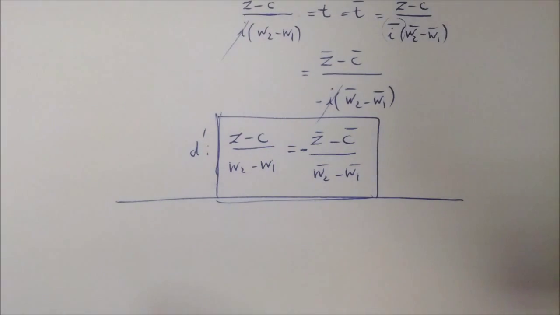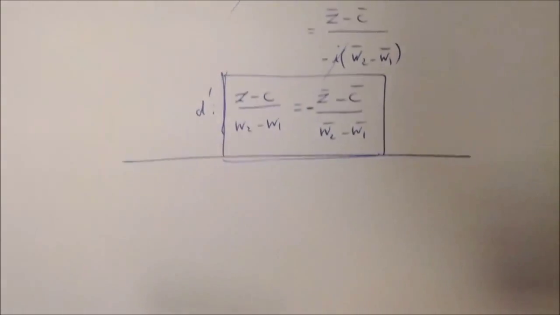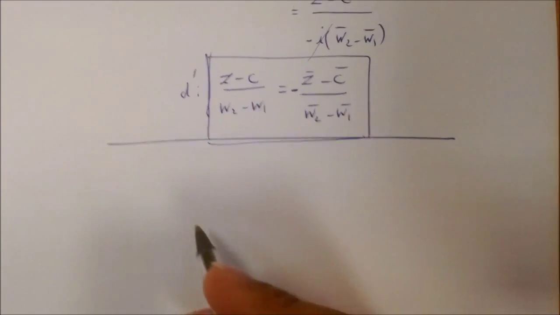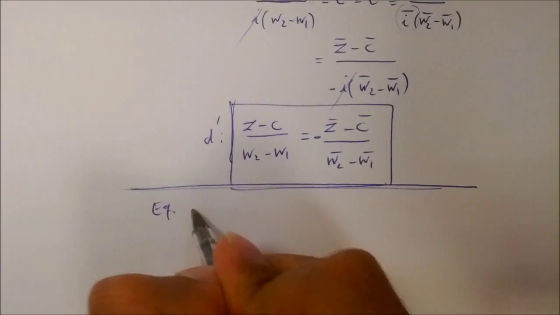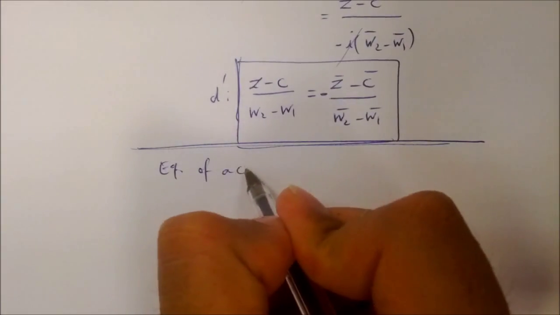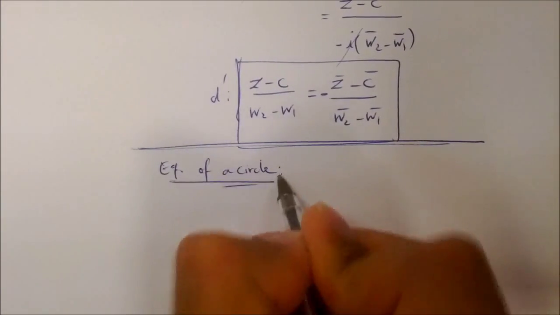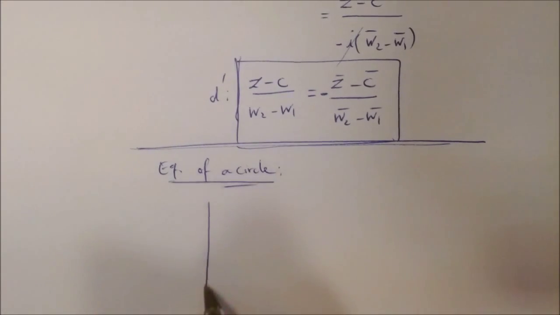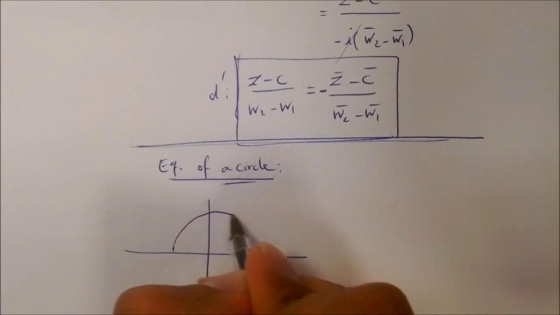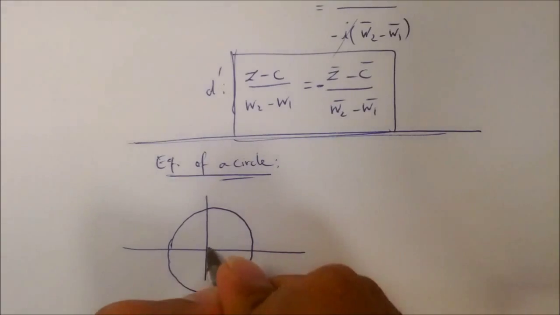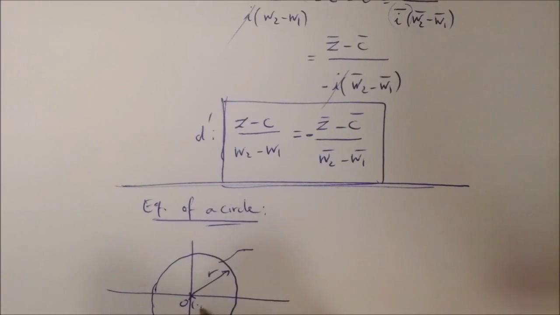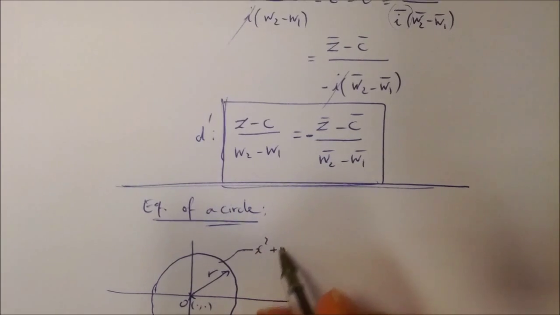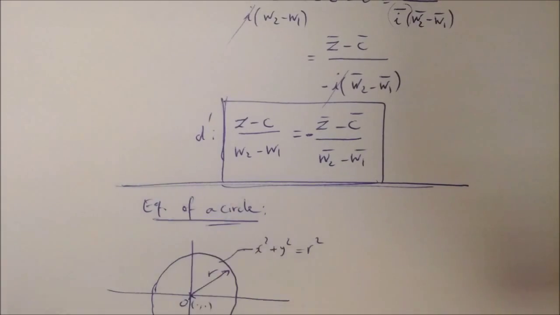So, in fact, now I consider the equation of a circle. If I have a circle, for example, with the radius r, centered at the origin (0, 0), the equation is like this.